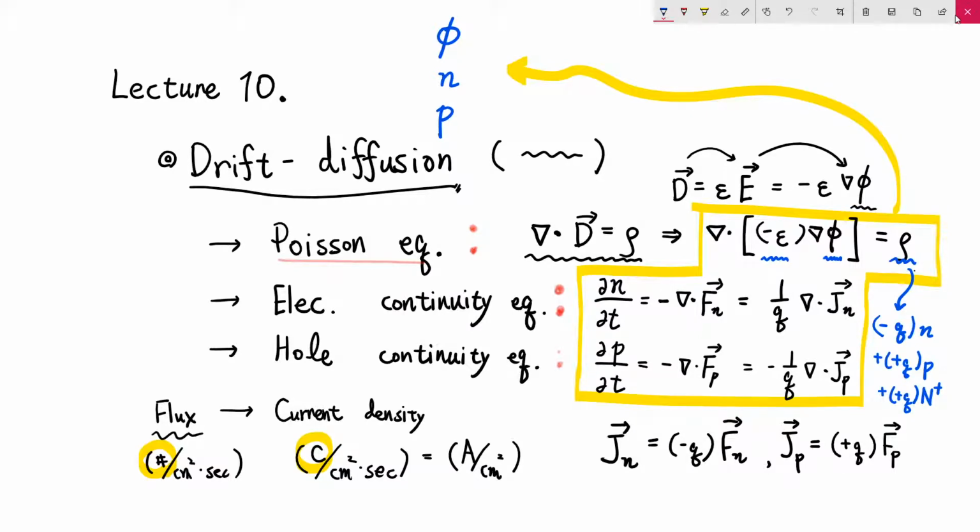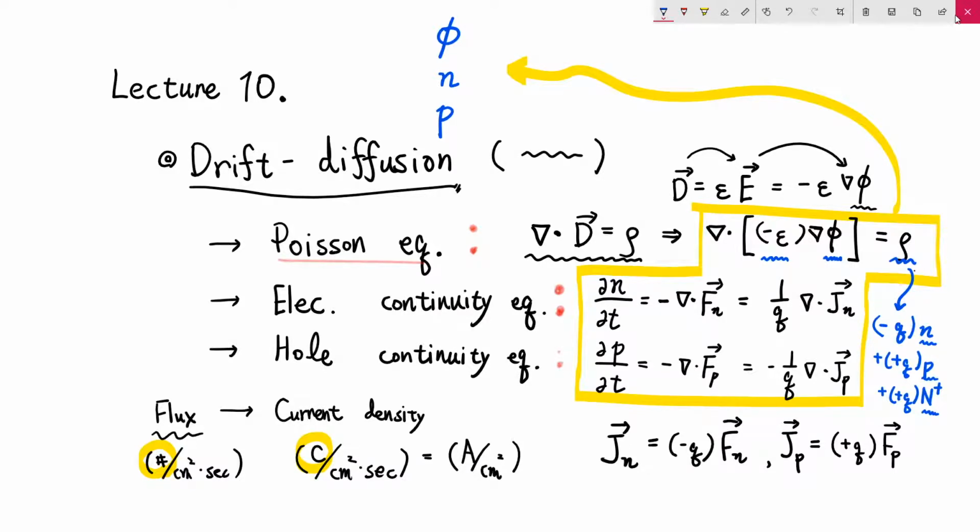But my point is, we have 3 terms, and this N plus is just a given number when we have a given structure. So anyhow, that is given, and n and p are unknown variables.